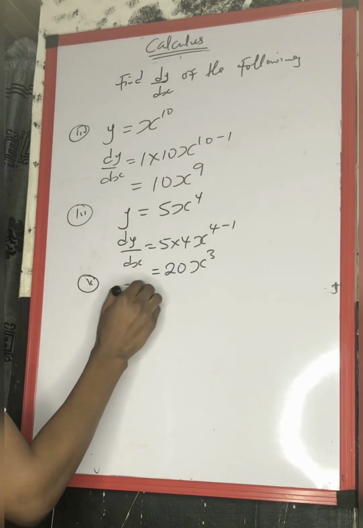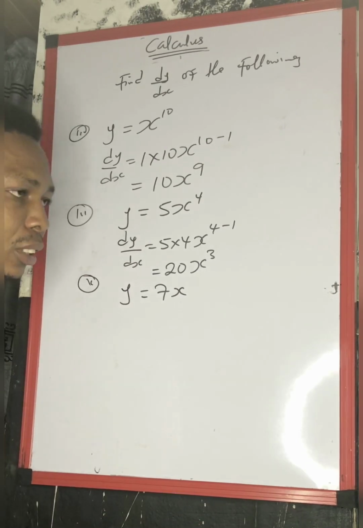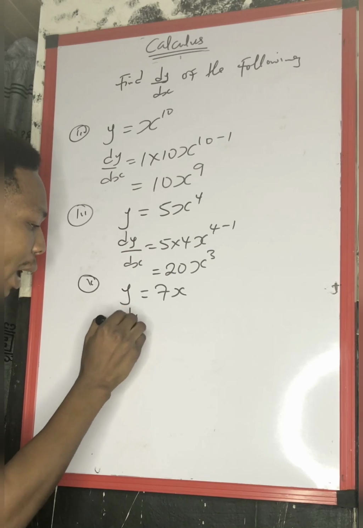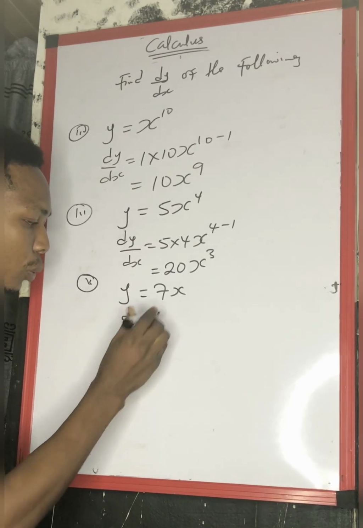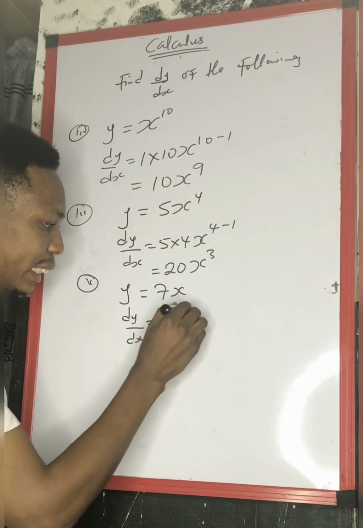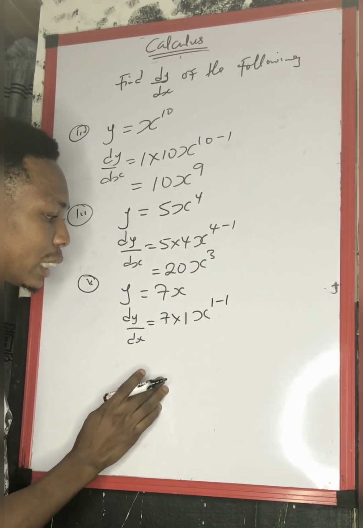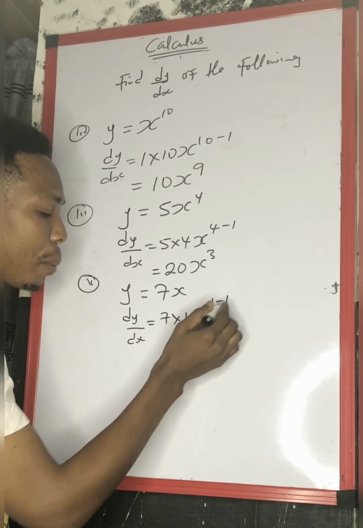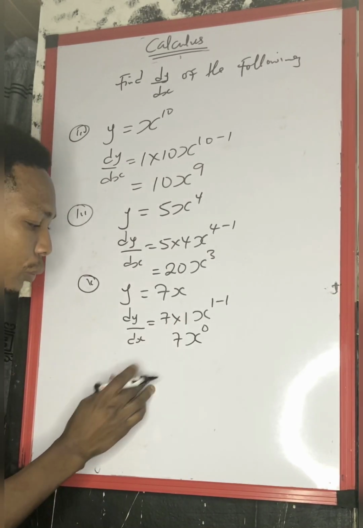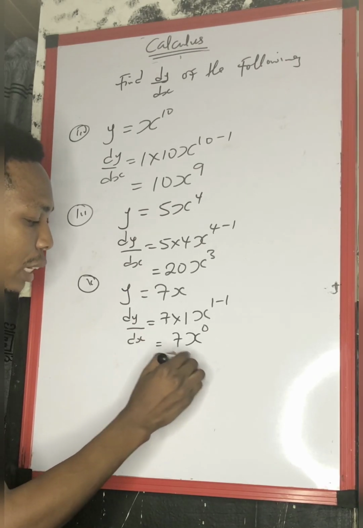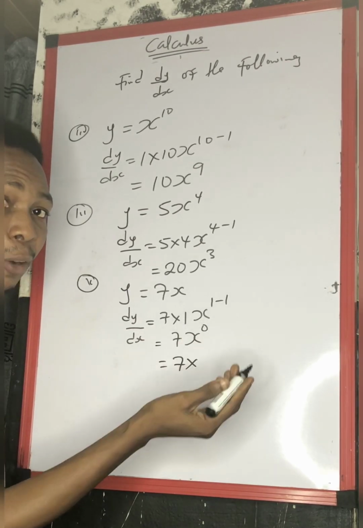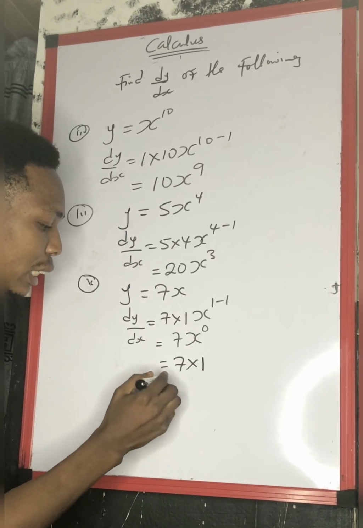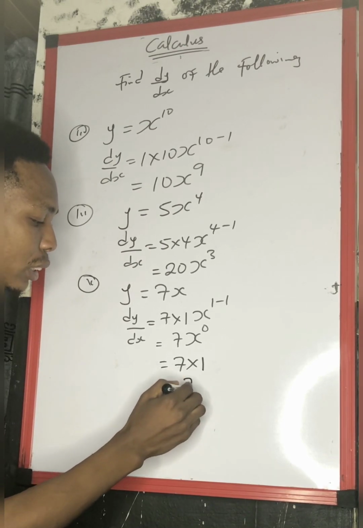Then number 5, if we have y equals 7x, don't forget I have an invisible 1 here, so this is dy dx equals 7 times 1 x^(1-1). So 7 times 1 is 7, then x^(1-1) is x^0. So from there it becomes 7 times anything raised to power 0, which in indices is equivalent to 1. So 7 times 1 is 7.